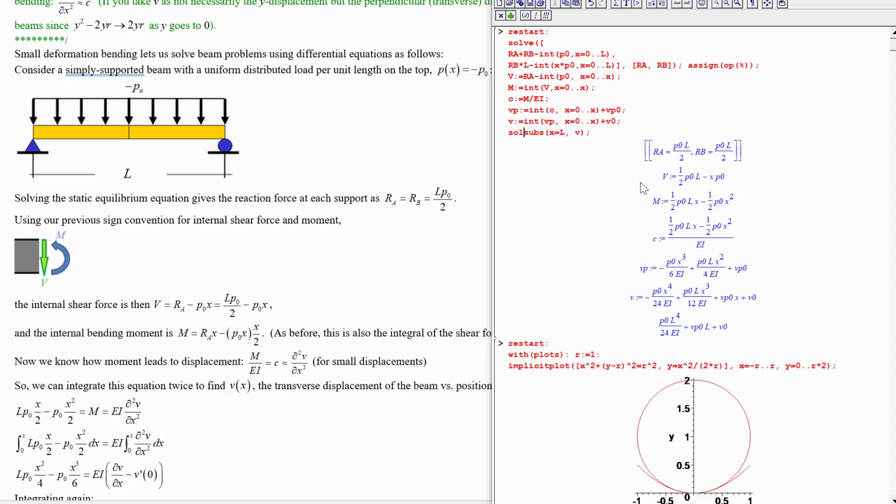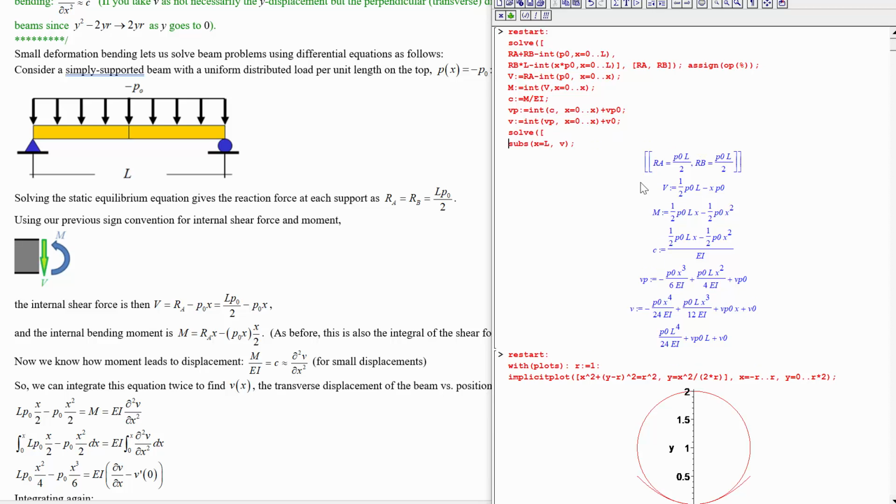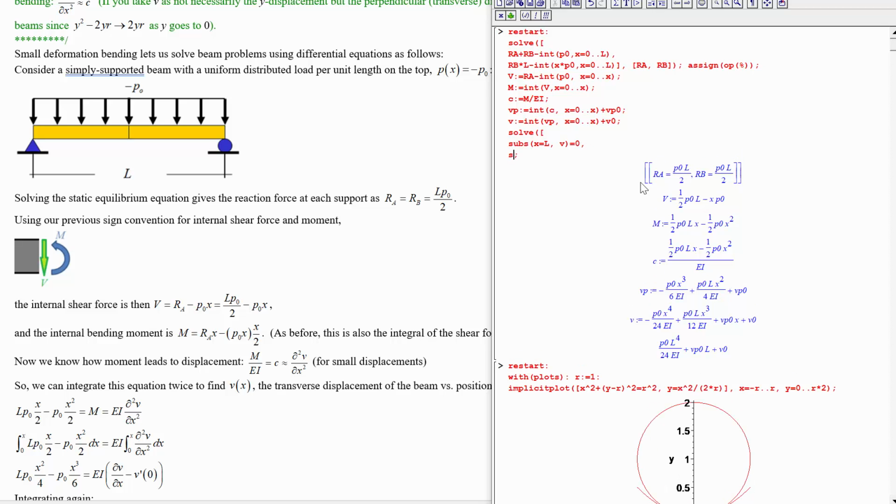So let's say solve that the subs of x equals L into v is equal to 0, and subs x equals 0 into v is equal to 0 as well. When we solve this, we should also, again, tell it which ones we're looking for. So let's say we want to solve it for v naught and vp naught. And we should get that v naught is equal to 0.